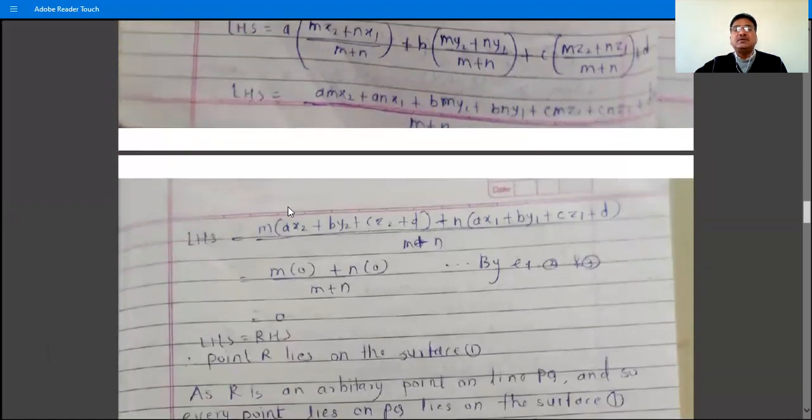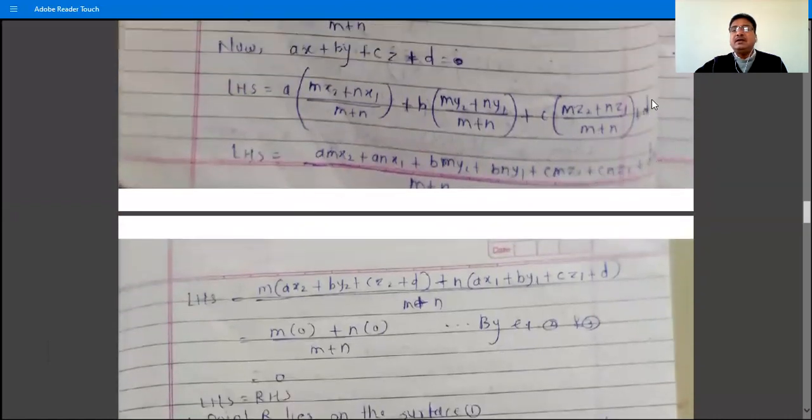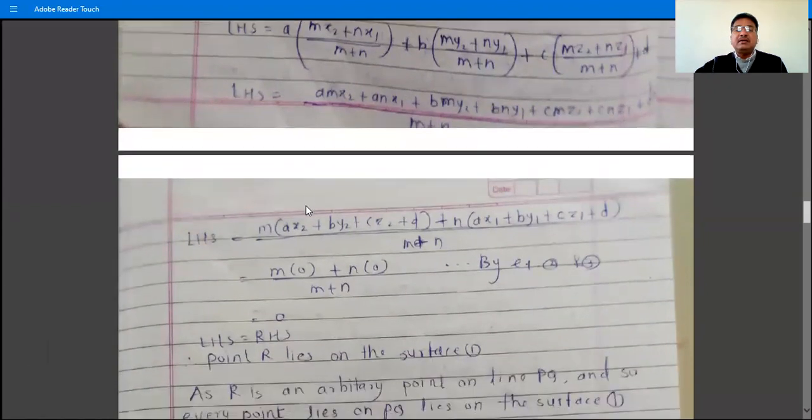The next step is what? d in bracket (m + n) means dm + dn. Okay. Then collect these terms. Take m as common from these terms, that is m in bracket (ax2 + by2 + cz2 + d), taking m common from the term d into m.